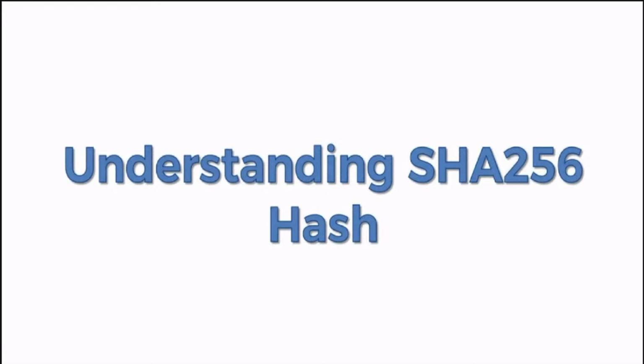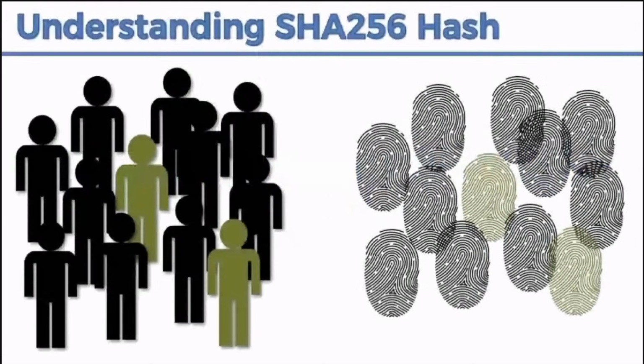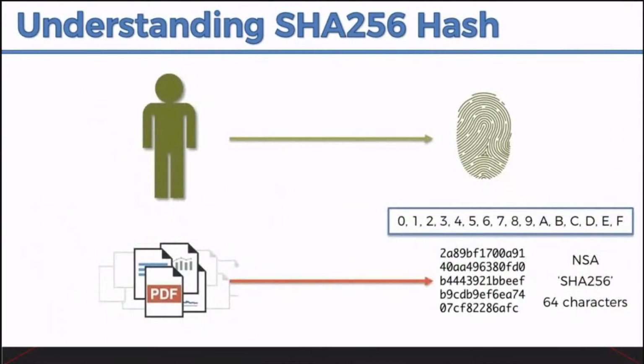Some features of hashing, let me see. The output of a hashing algorithm will not be the same as others; it will be completely unique with respect to each and every individual. For example, I have taken a conceptual view of it.